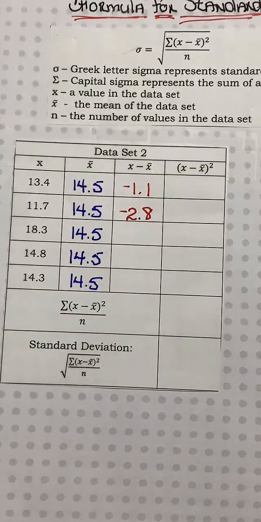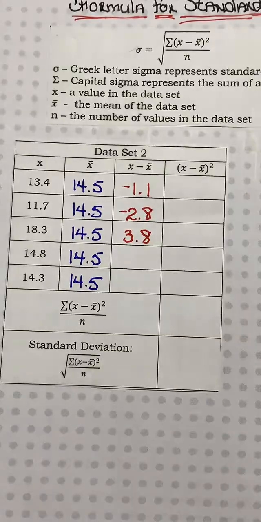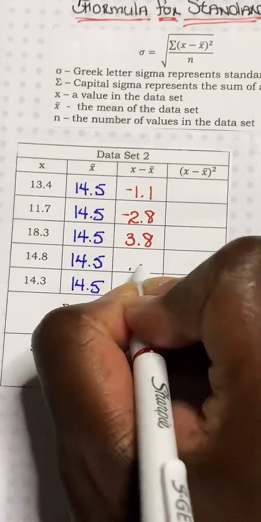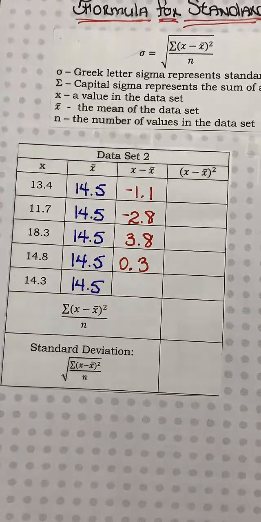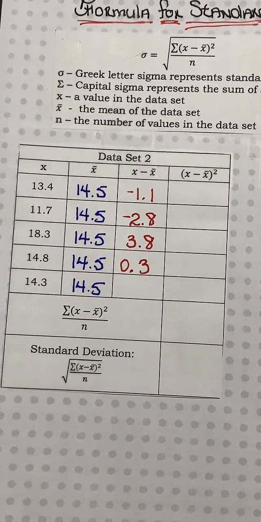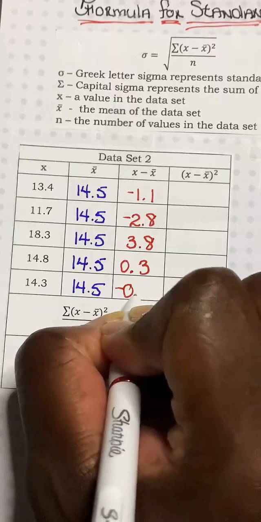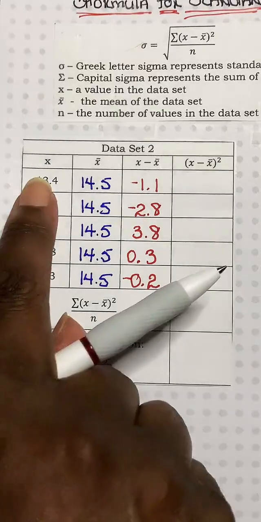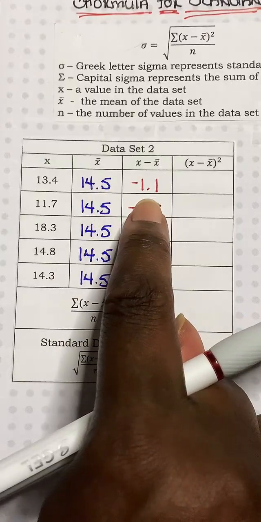If we have 18.3 minus 14.5, we'll have 3.8. We have our 14.8 minus our 14.5, that's going to be 0.3. And the 14.3 minus 14.5 gives me a -0.2. So we basically took the difference, 13.4 minus 14.5, and we put our answer there.